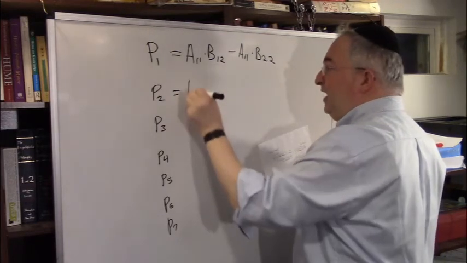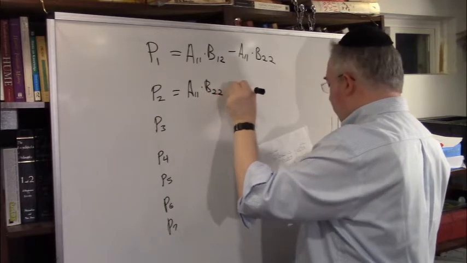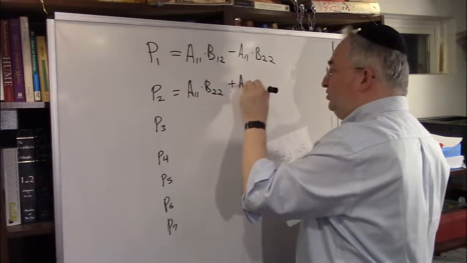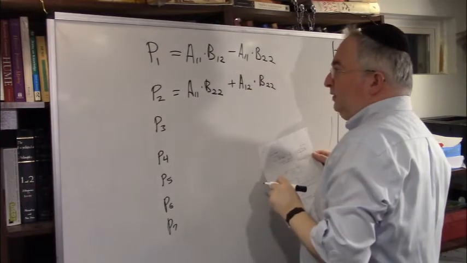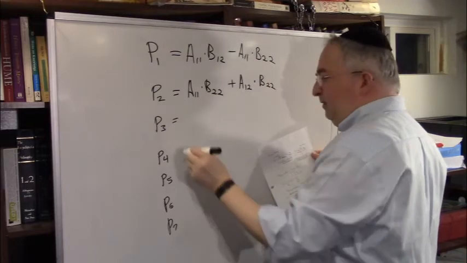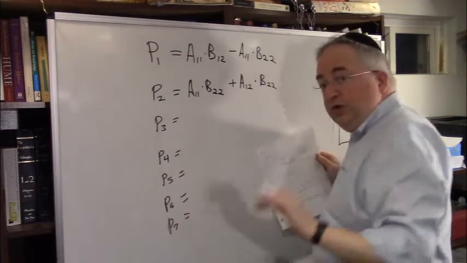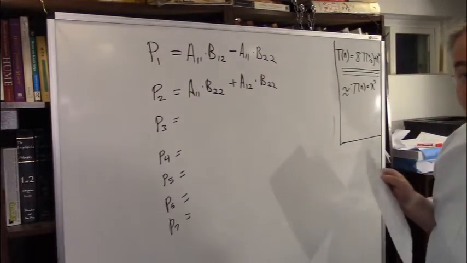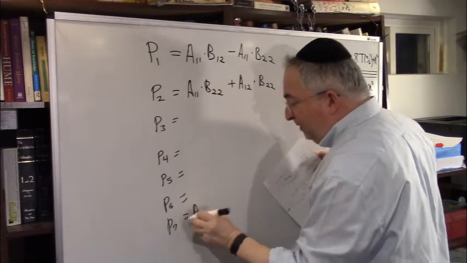P2 he said was A11 times B22 plus A12 times B22. P3 was something like that, P4 was something like that. I'm not interested; you can look it up in the book. The trick is not an understandable trick.